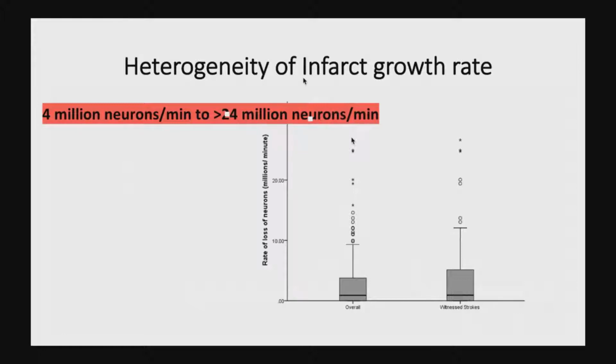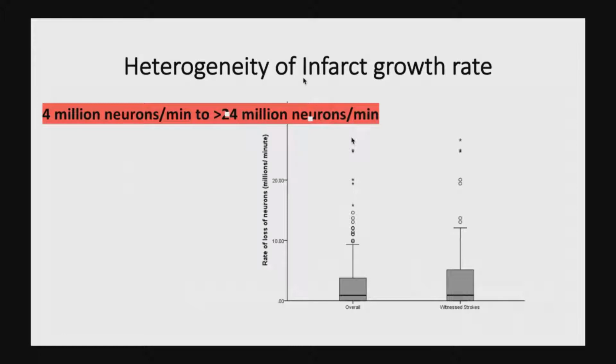That all depends on the collateral circulation. There are patients who have much more robust collateral circulation, so they have more blood flow going into that penumbra area, so it's able to survive for a longer time, and the ischemic core infarct will progress at a much slower rate compared to those who have poor collateral circulation, where the rate of death of those neurons will be much faster, and the core infarct will increase in size at a much faster rate.